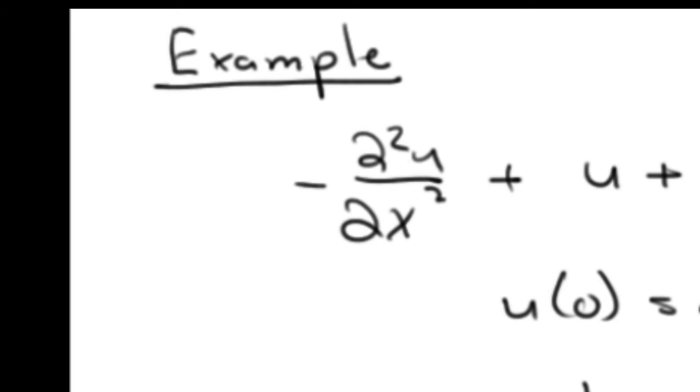So 0 there, 0 there, those terms go away. Okay? u at 1 equals 0 implies, C1 is already equal to 0, then I'm putting 1 right there.